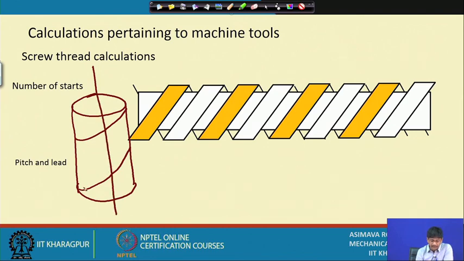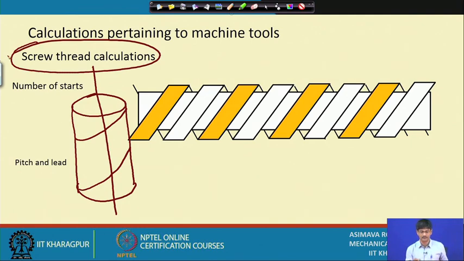Whenever we have such helices, in machine elements, they serve some purpose. They can be used as clamping devices, they can be used as devices for deriving motion, etc. And therefore, we come across today's discussion about screw threads.